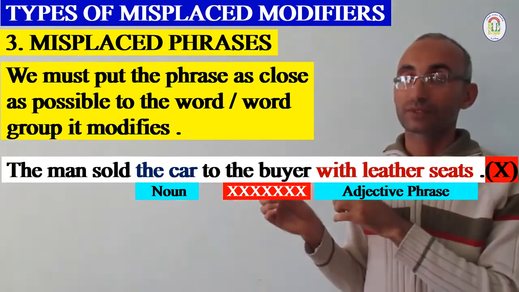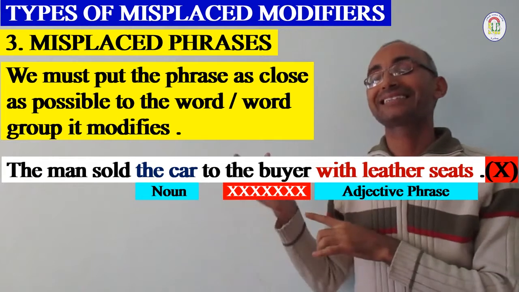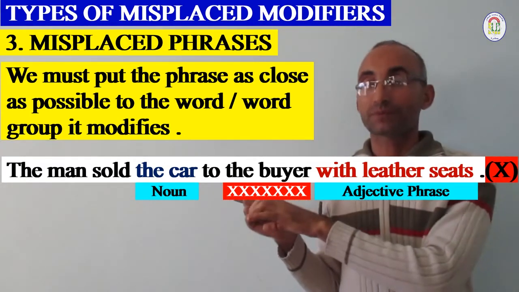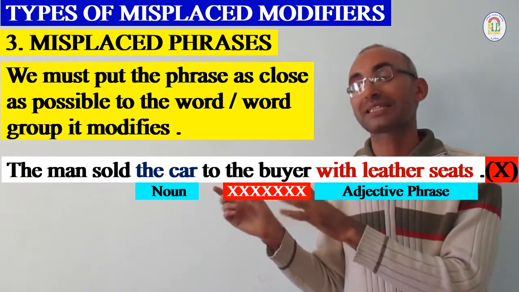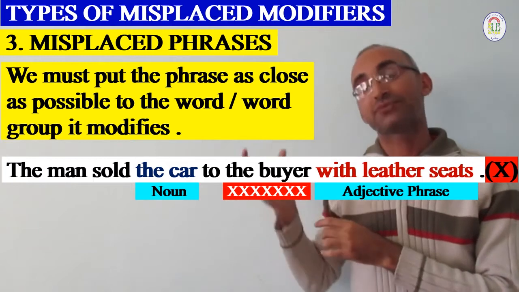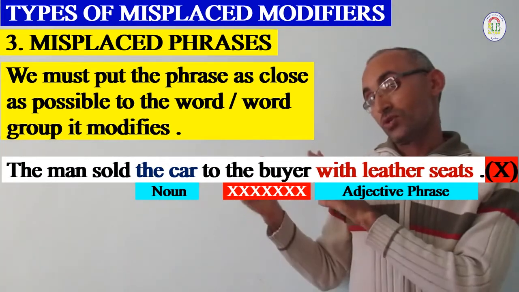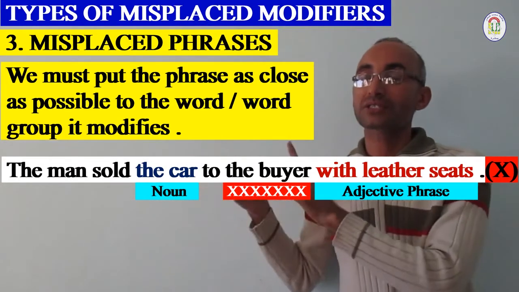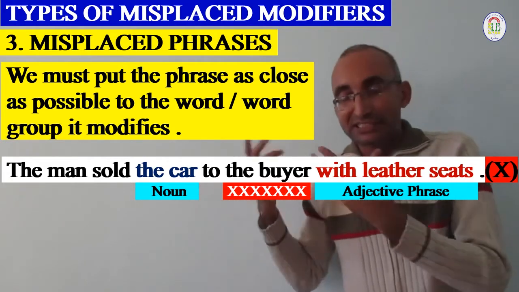Now you see here, with leather seats is my adjective phrase. And it comes wrongly after the wrong word, buyer. Because last time we said that the adjective phrase comes directly after the noun it modifies. Now here, if we see this example, it means it modifies the buyer, not the car. But the buyer is a person. He has no seats in himself.